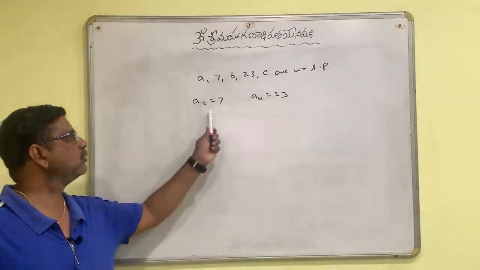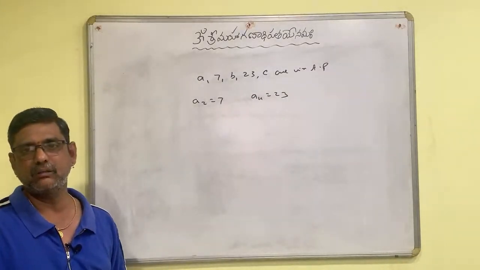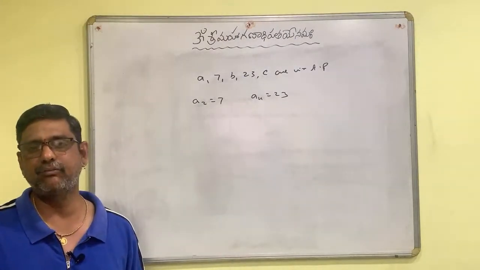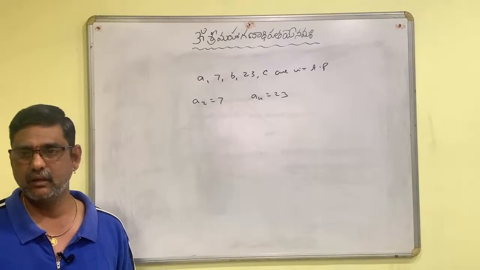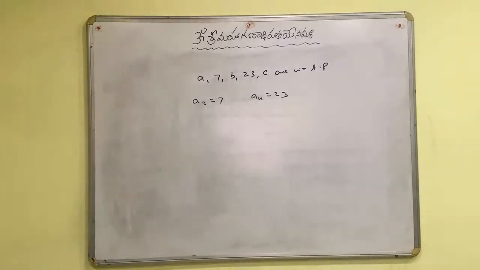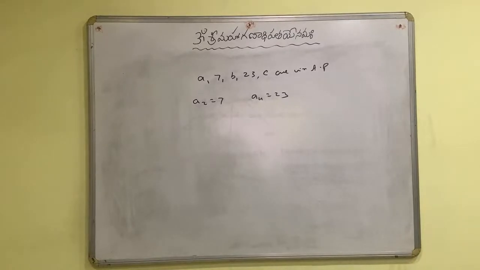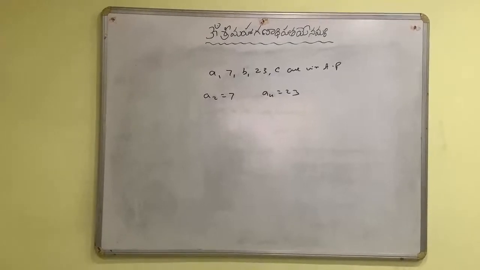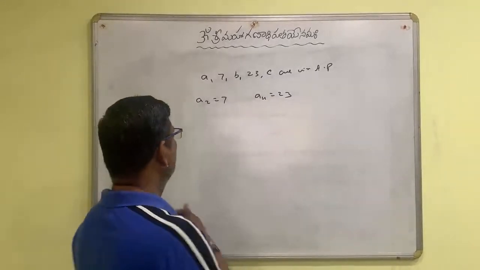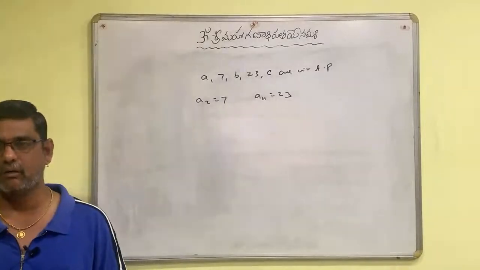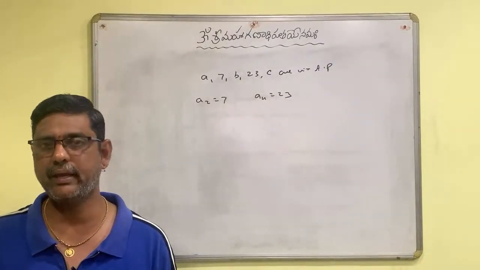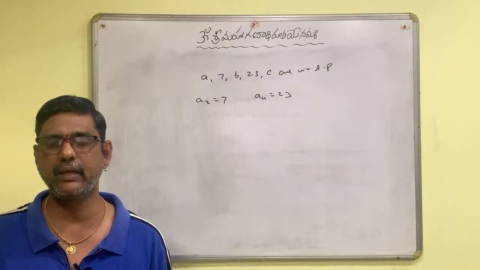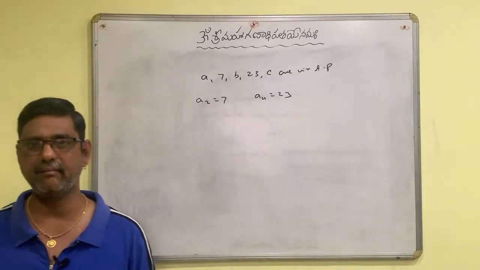By using these two, we need to find out A value and D value. Why? In arithmetic progression, if you know A and D, you can find out any value.